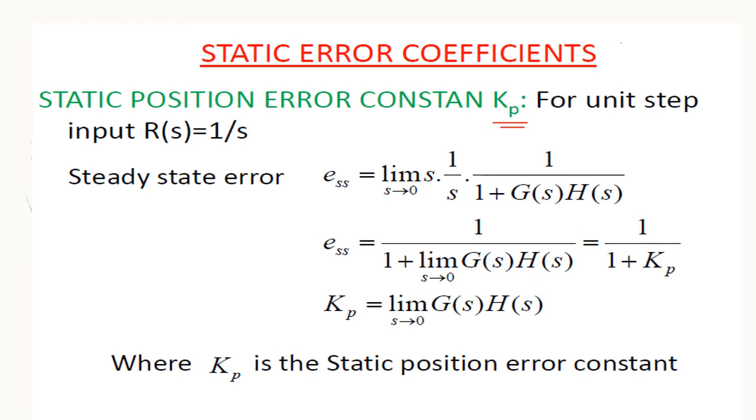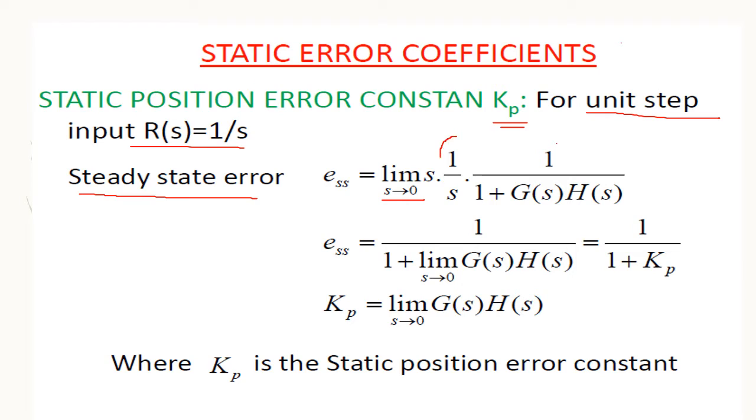So if I want to find how it behaves for a unit step function input, I just have to write the steady state error formula, that is ESS is equal to limit s tends to 0 of s into 1 divided by 1 plus G(s) H(s).